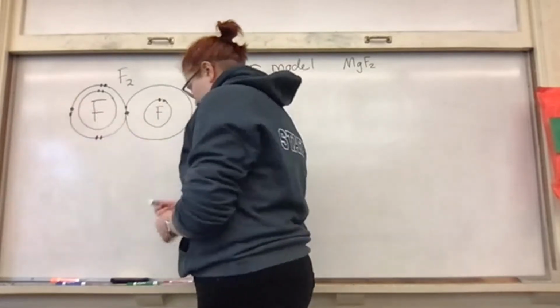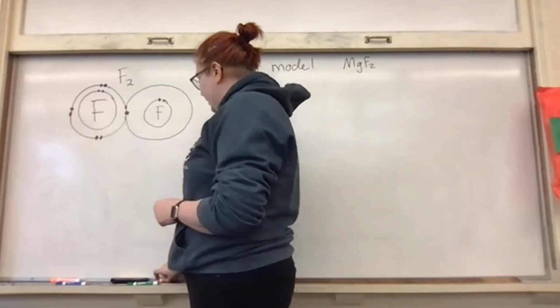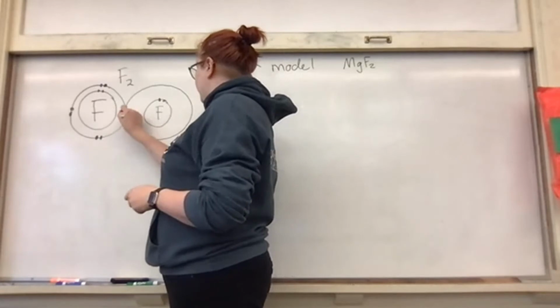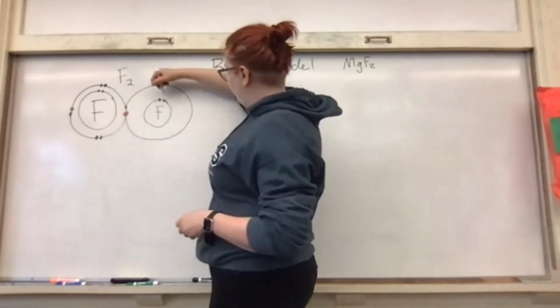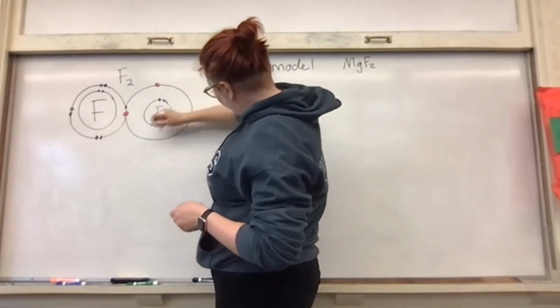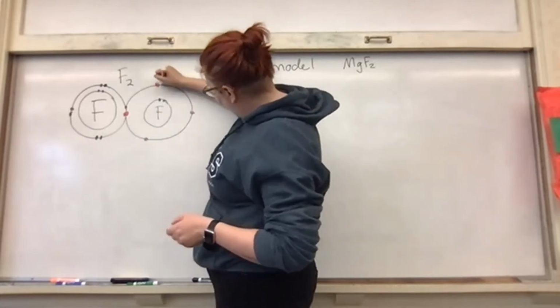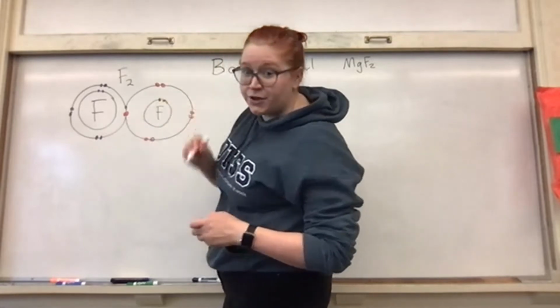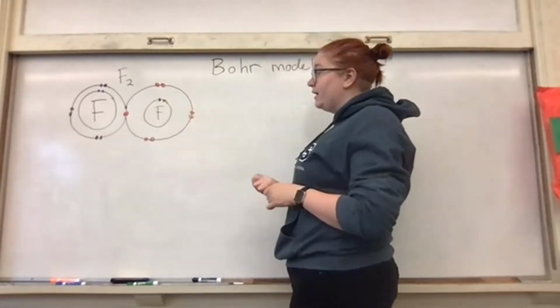I'm going to draw this fluorine in another color so you can see. Let's do red. So 1, 2. So this fluorine, its valence electrons or electrons in the outside shell are in red.